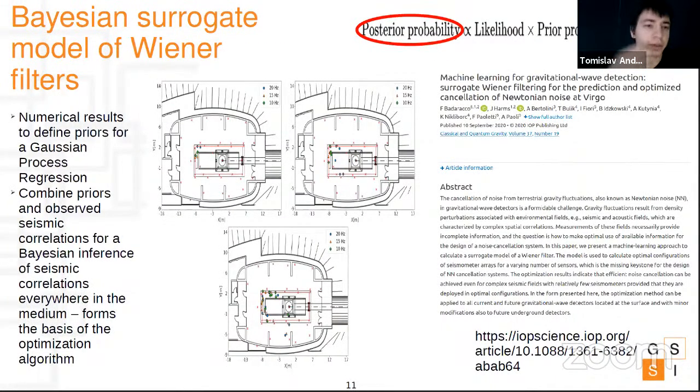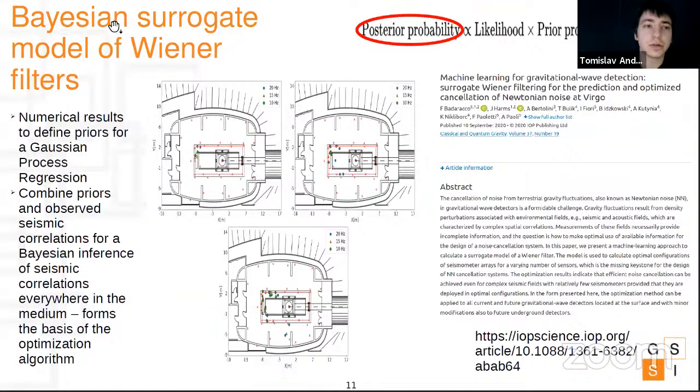So our simulations define priors for the Gaussian process regression. Then we combine them and measure seismic correlations for Bayesian inference of seismic correlation everywhere in the medium, which forms the basis of the optimization algorithm. This is a crucial step to calculate the optimal array configuration for Newtonian noise cancellation.